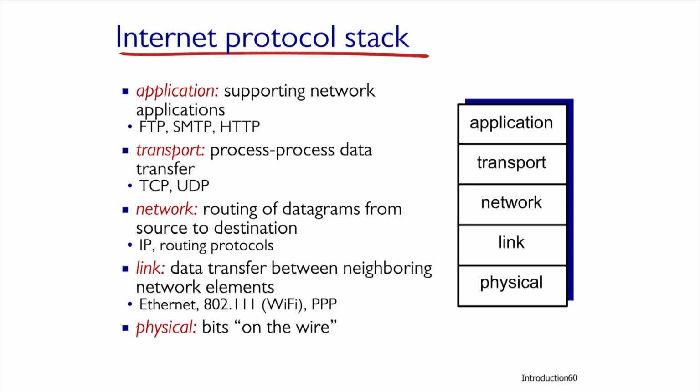Note that every layer requires the services of the layers underneath it to work. To demonstrate, we'll assume that a computer in country X sends a file to a computer in country Y. The application layer provides the file transfer service in this case, FTP, whereas the transport layer will provide communication reliability using TCP.